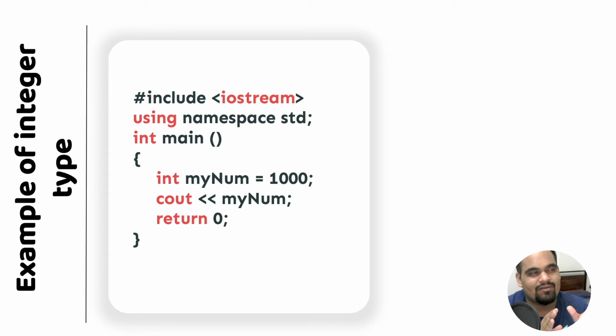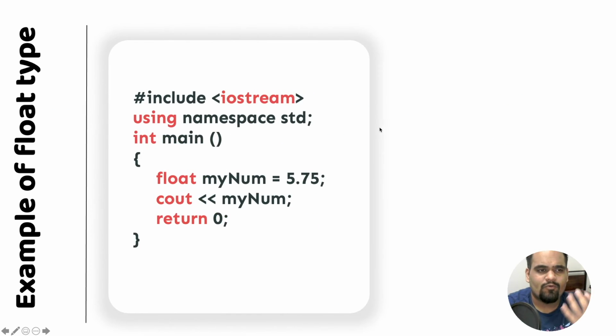Imagine someone saying that I'm 35.5 years old. That's technically possible, but you don't just say that. So you use values which define exactness. That's when you use integers.